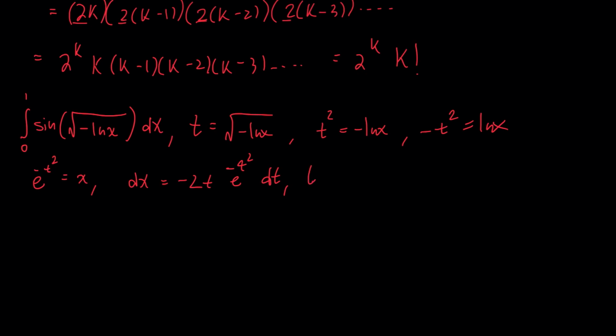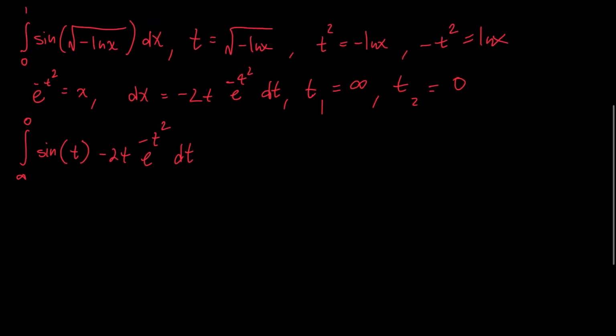The bounds of integration, t1, will be positive infinity, and t2 will be 0. So now using this, we're going to have the integral from infinity to 0 of the sine of t times negative 2t e to the minus t squared dt.